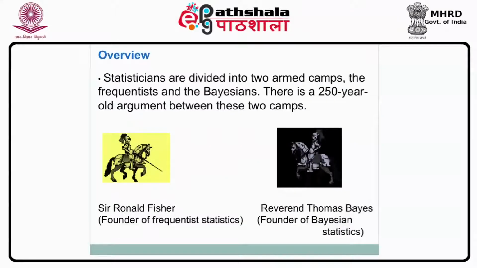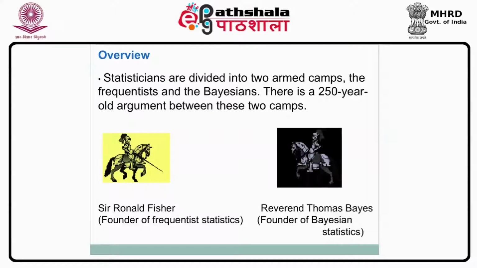Let's give just an overview. The statisticians are divided into two armed camps, the frequentist and the Bayesian, and there is a 250-year-old argument between these two camps. Sir Ronald Fisher is the founder of frequentist statistics, or what you call classical statistics, and Reverend Thomas Bayes was the founder of Bayesian statistics, long back in 1760, whereas Sir Ronald Fisher's ideas came up sometime around 1870 or something like that.